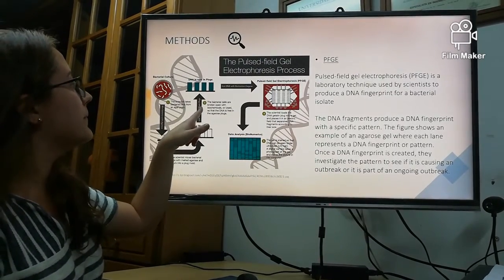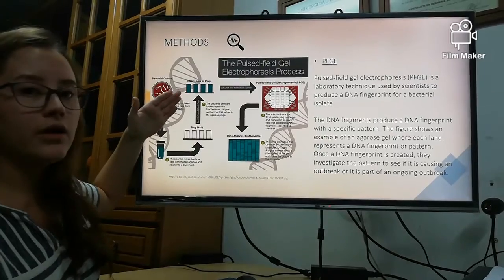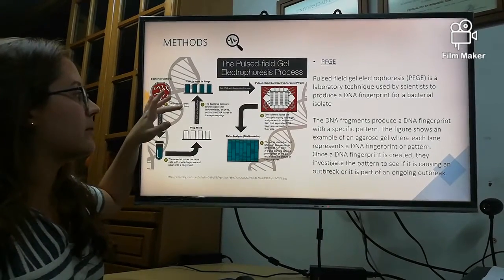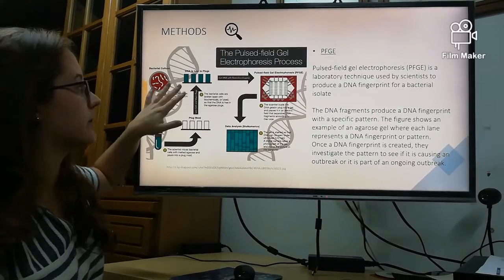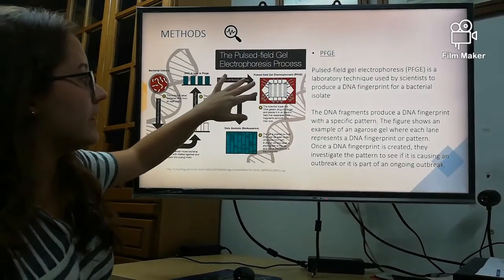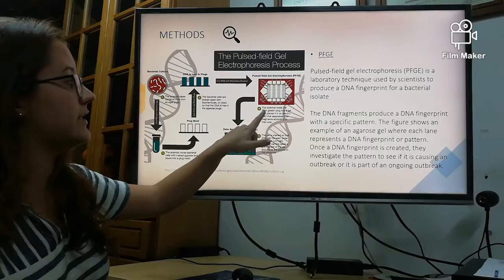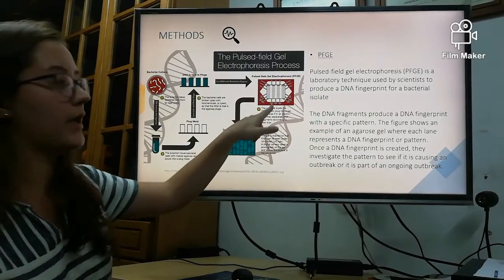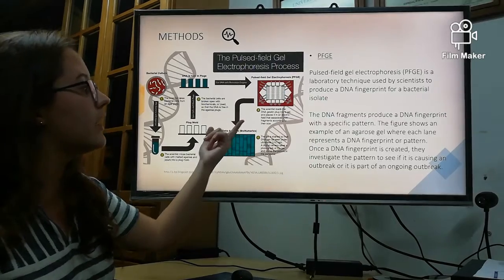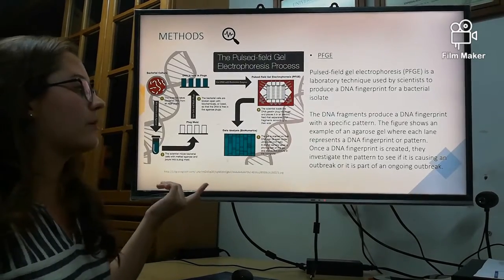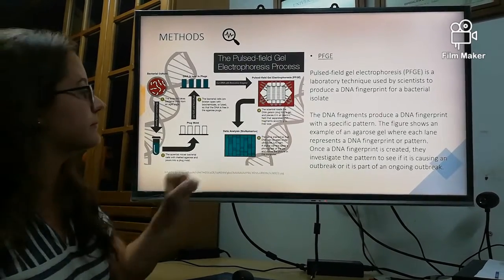After that, the bacterial cells are broken open with biochemicals, or lysed, so that the DNA is free in the agarose plug. Then the scientist loads the DNA agarose plug into a gel and places it into an electric field that separates the DNA fragments according to their size.